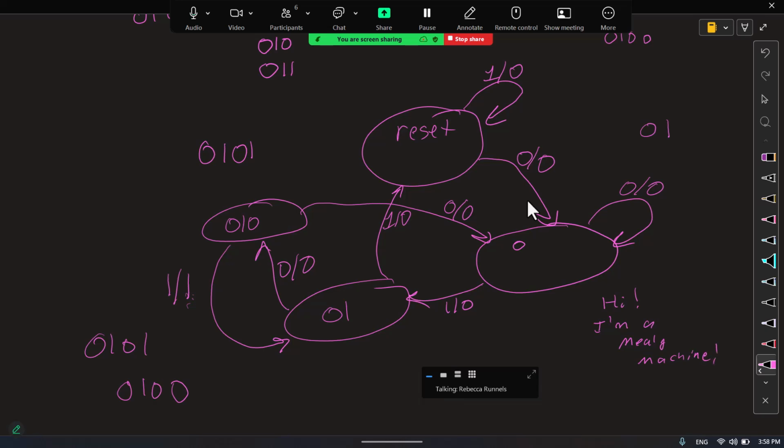Any other questions? If you get a 0 at 0, 1, 0, you go back to state 0. Okay. So what about the state of 0, 1, 0? If you get a 1 at 0, 1, 0, does that take you back to reset?